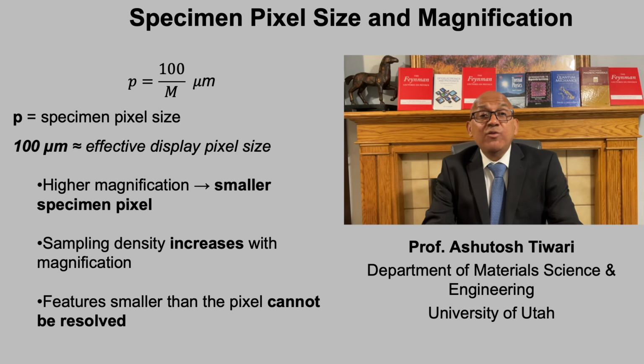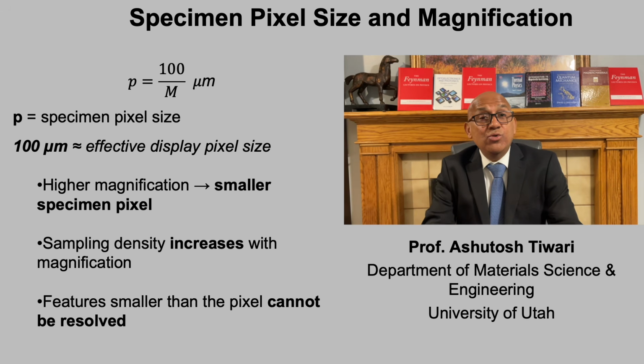We can now quantify how magnification affects sampling in the SEM. Here, P represents the specimen pixel size, the physical area on the specimen that corresponds to a single pixel in the image.